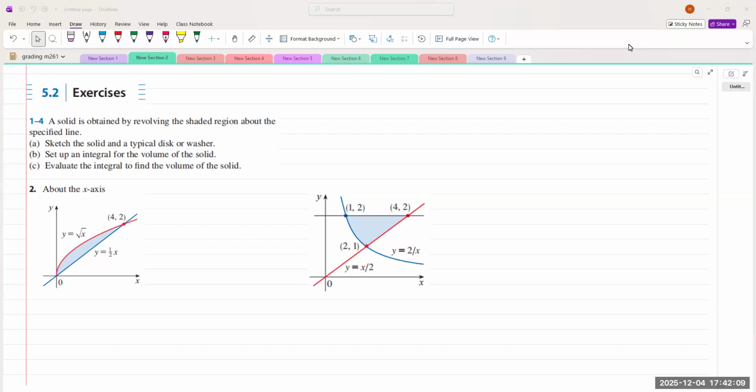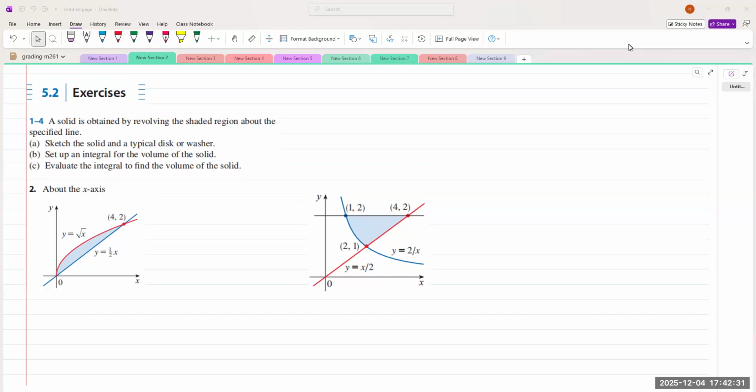5.2. Now this section is a section where we mainly find the volume of a solid that is generated by revolving around an axis.